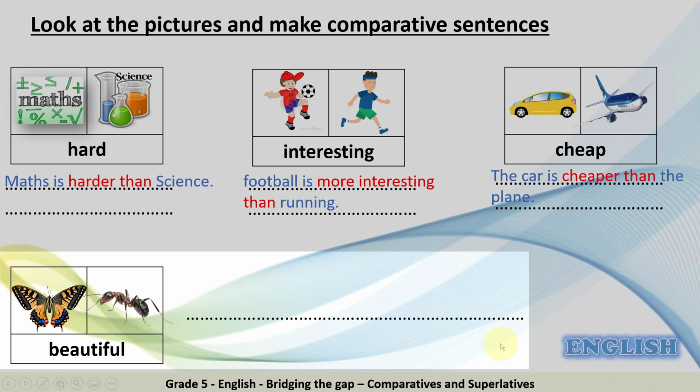And we need to use the adjective beautiful. How many syllables is beautiful, my friends? Beautiful. 3 syllables. So it's a long adjective. We will just put more before the adjective. The butterfly is more beautiful than the ant.